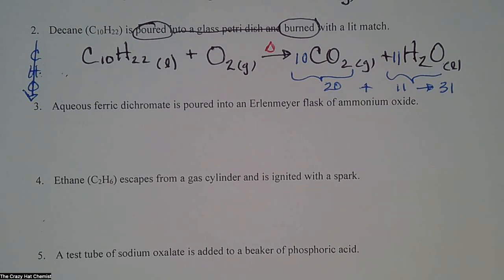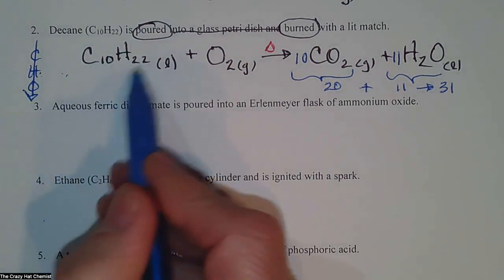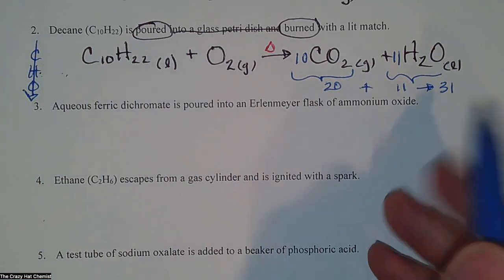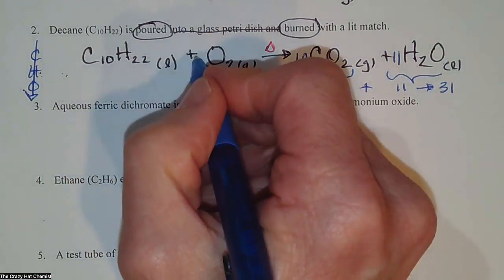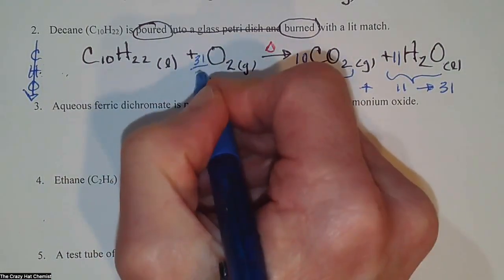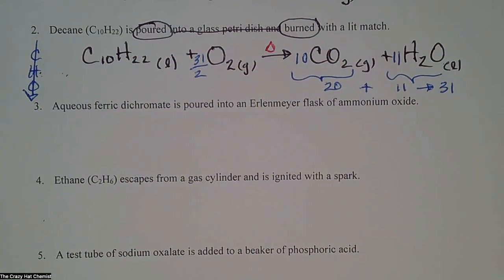So the next part that I'm going to do is, since I don't have any oxygens here, and 31 is an odd number, I'm going to do 31 divided by 2. So actually, this reaction is balanced with that coefficient of 31/2. But one of our rules here in this chemistry world at this level is that we cannot have fractional coefficients.